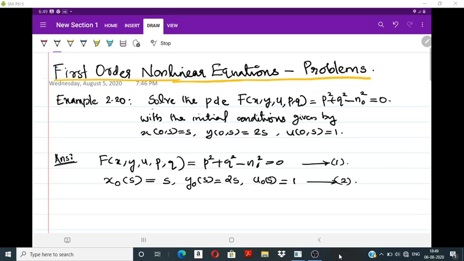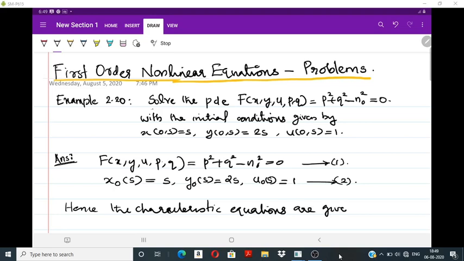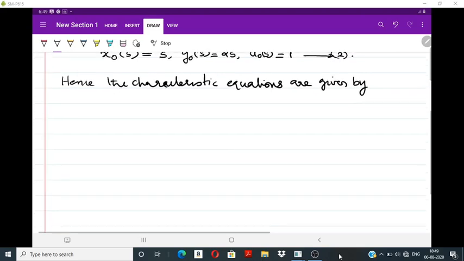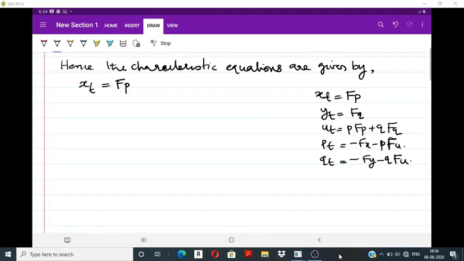Now the characteristic equations are given by, we know that the equations are in the form x t equal to f p, y t equal to f q, u t equal to p f p plus q f q, and p t equal to minus f x minus p f u, and q t is equal to minus f y minus q f u.